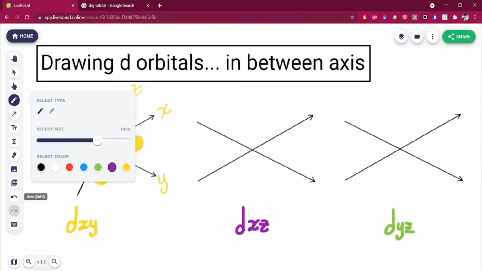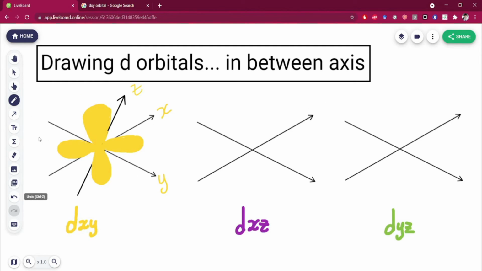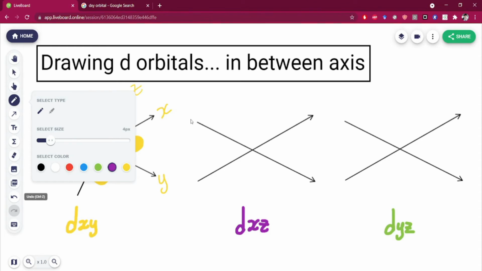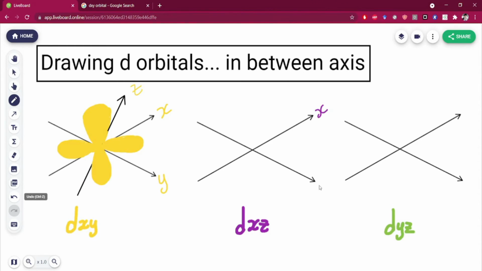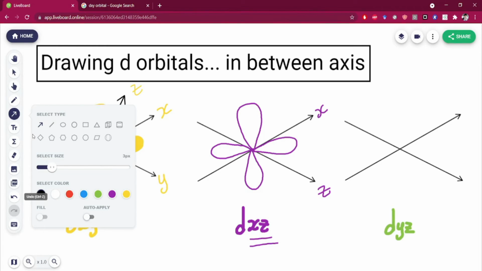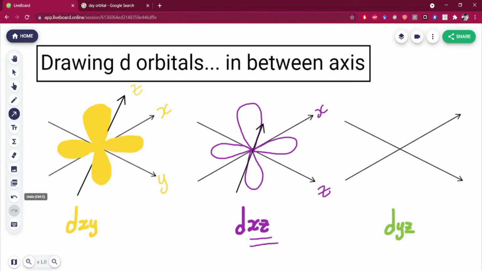So you're going to do the same thing for this. You have x, z, because you have xz over here. So you'll get this. You're going to put your axis slightly at an angle.